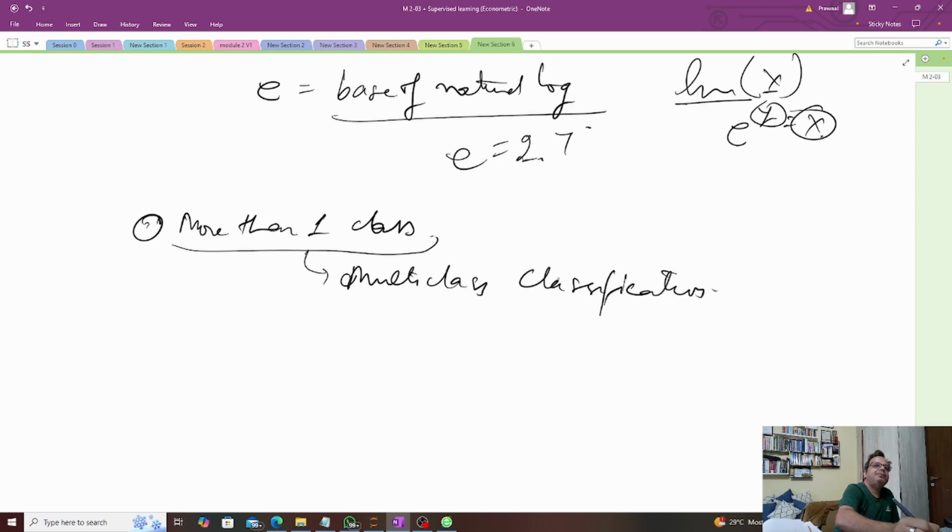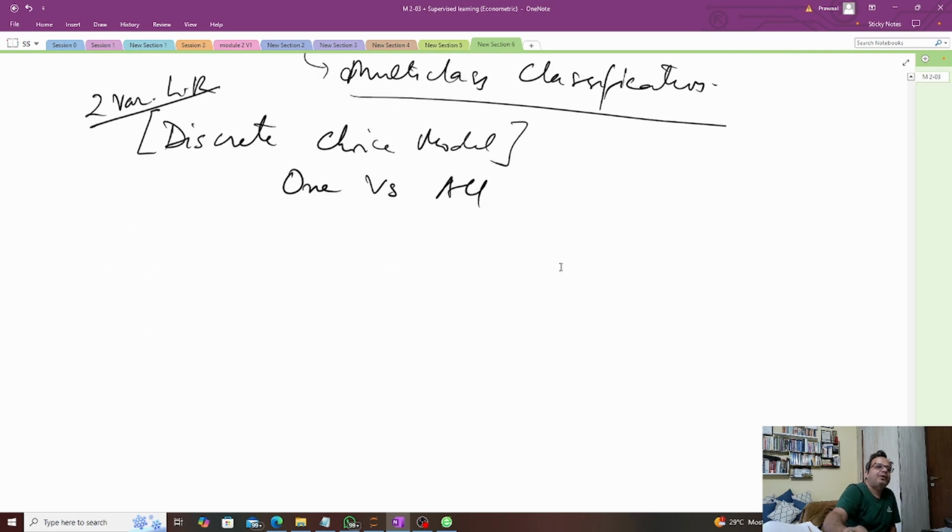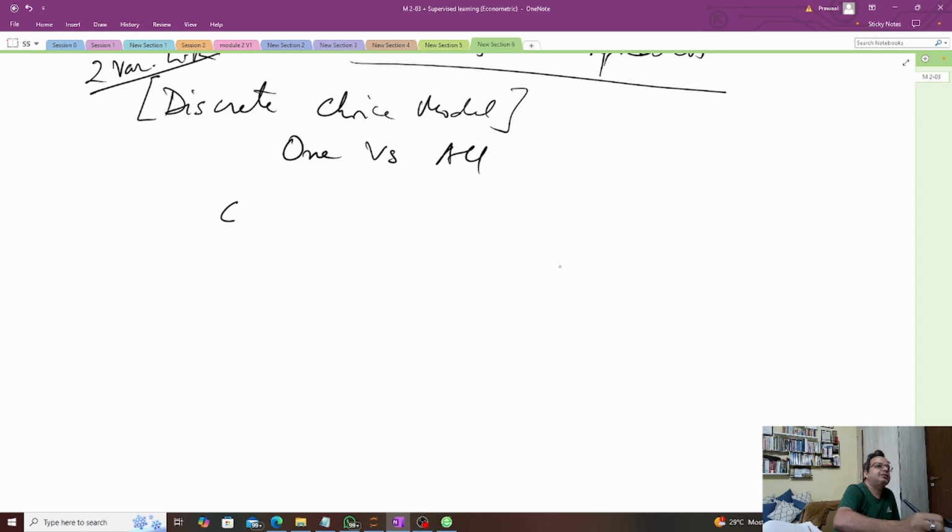there are multiple things that we can do in such a scenario. There are two variants of logistic regression. One is called a discrete choice model. In this case, we do one versus all. Let's suppose there is class 1, class 2 and class 3.